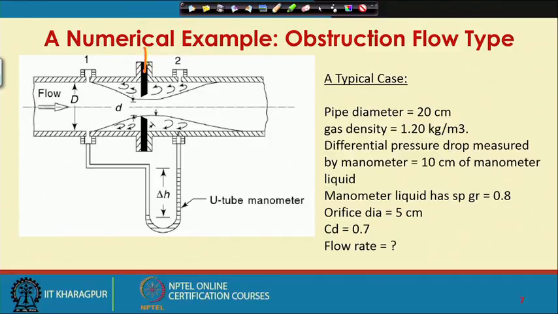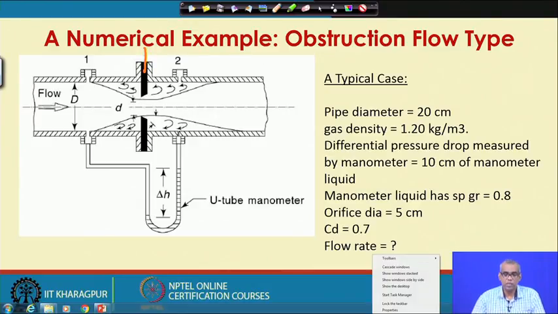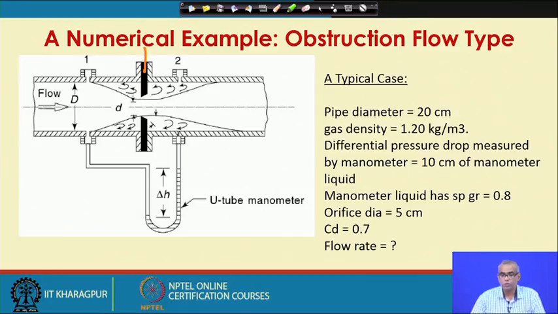So, a typical case is like this. You know the pipe diameter, and you know the density of the fluid that is flowing through the pipe. Imagine you are measuring the flow rate of a fluid flowing through a pipe using any of these obstruction type flow meters. Let us say we are measuring the pressure drop by a manometer.